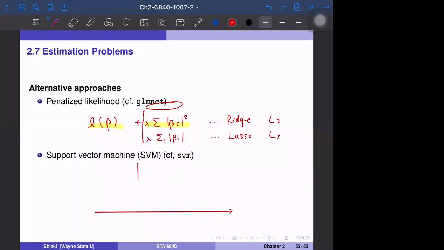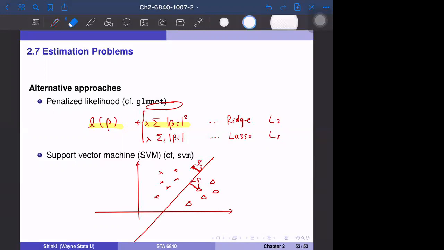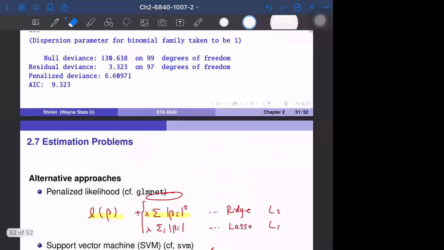Even if we have two separable groups, group 1 and group 2, this line is not unique, but we think about the distance between these points and we maximize this margin, then the method becomes stable. And the neural network is similar to the logistic regression model, so it also has a similar problem in linearly separable cases.